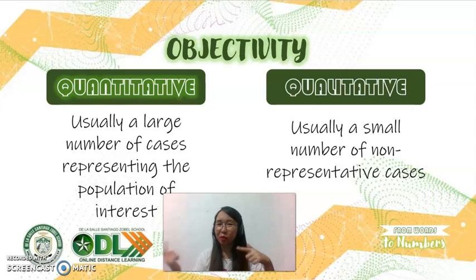Remember that term from earlier? Meanwhile, qualitative research uses a small amount of non-representative cases, meaning you could actually study in qualitative research one person that may not be representative of all cases.